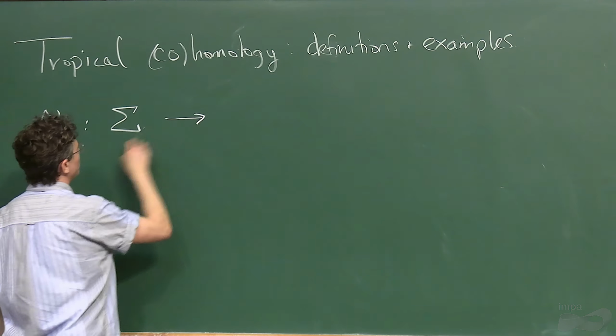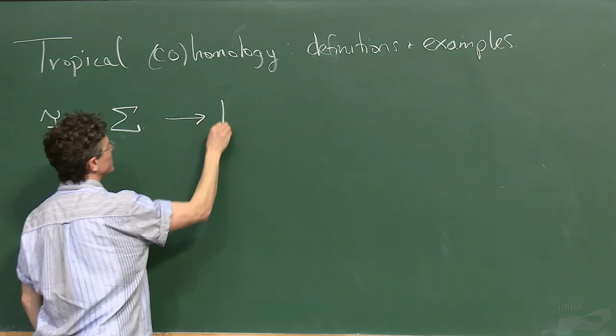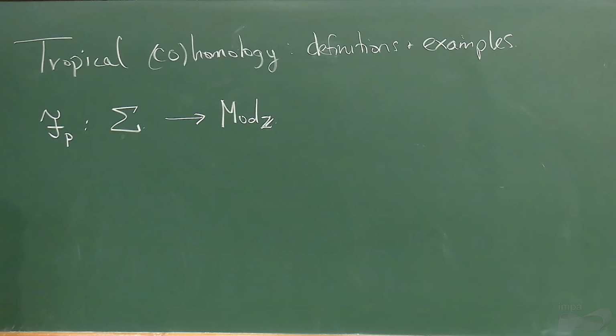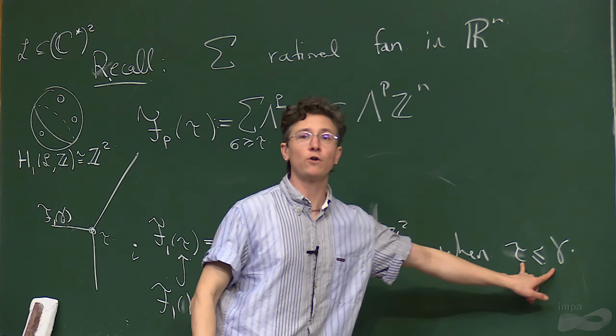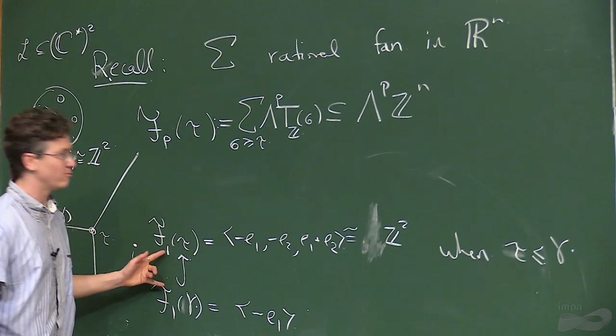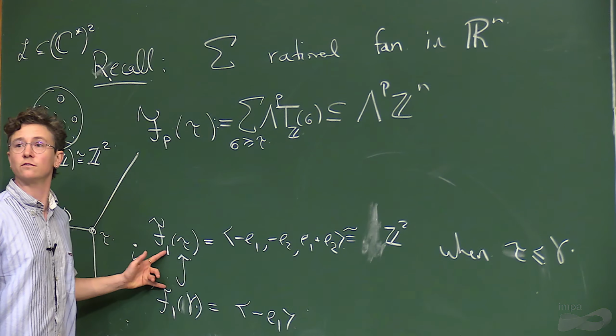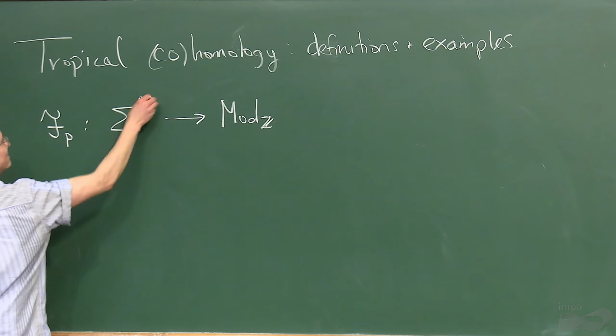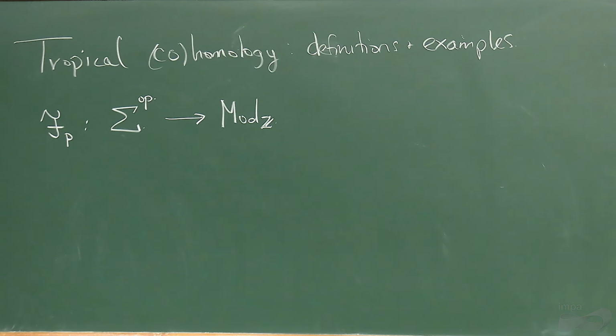So I have a map. Every cone of sigma, I can associate to it a Z module. And if I have an inclusion of cones, I get a reverse inclusion of the Z modules. So let me write an op here, and I should write a sigma here.